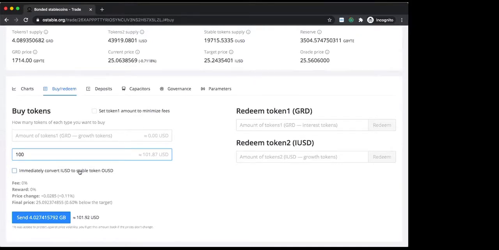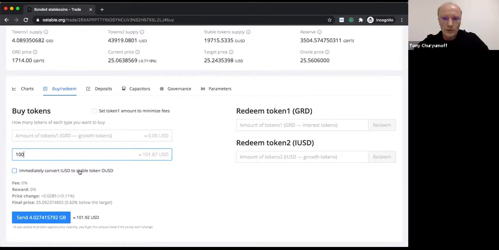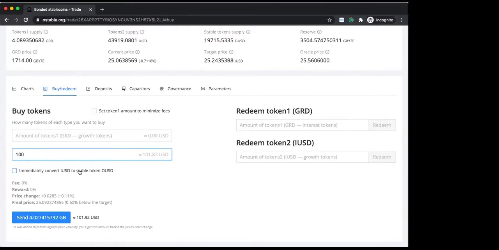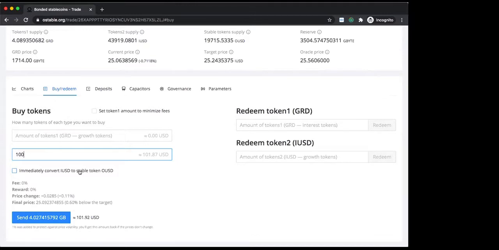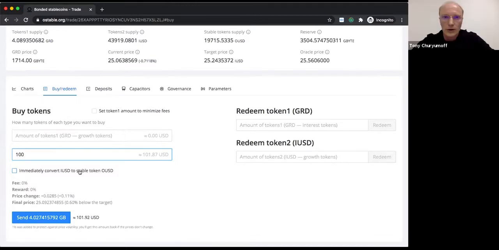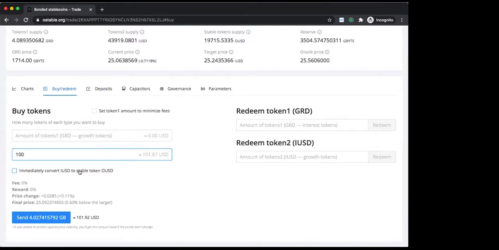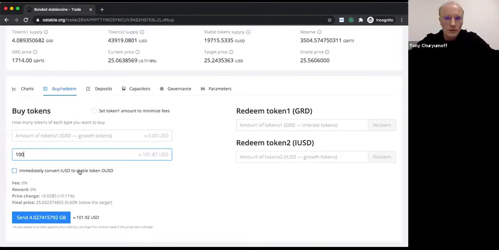You put in $1 worth of crypto, and you get back $1 worth of stablecoins. It is basically the main property of those stablecoins that they don't have to be over collateralized, unlike other stablecoins like DAI, where you have to over collateralize by 150 or even 200% just to issue DAI stablecoin.